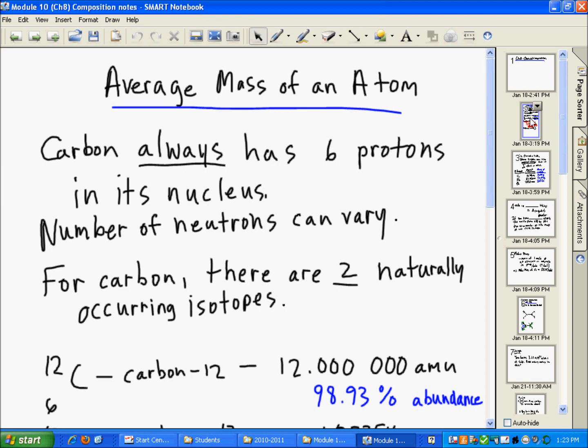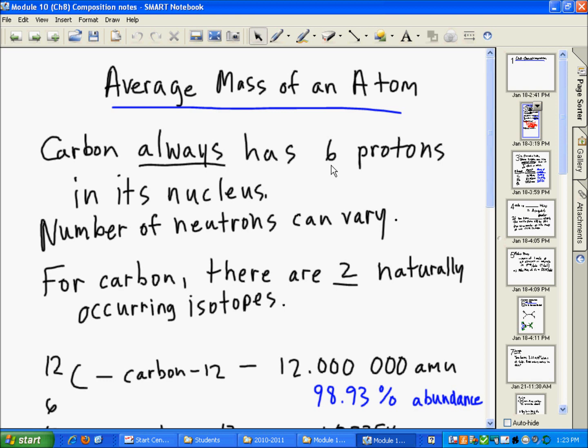So that leads us to the start for this chapter and basically what the average mass of an atom is. Let's start by thinking about carbon. If you think about carbon, its atomic number is 6, which means that it has 6 protons in its nucleus. And it turns out that what makes an element is the number of protons.